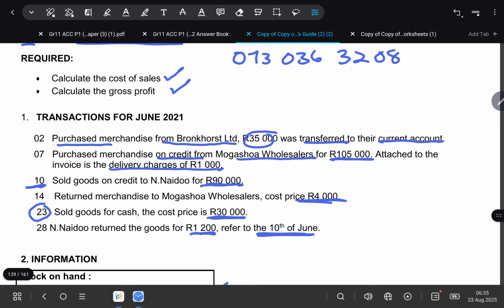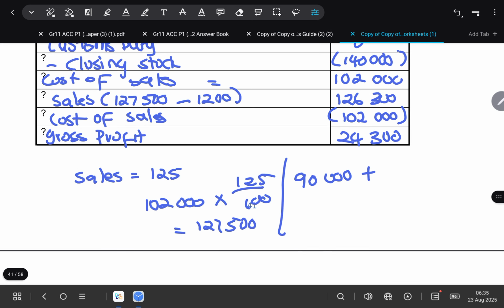So other learners might opt to look for the selling price, which is 30,000 multiplied by 125, divided by 100, it gives us 37,500. So they might opt to say plus 37,500, and then lastly subtract that 1,200. We should still get the same net sales.